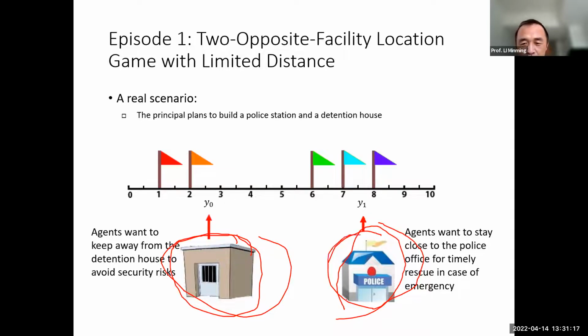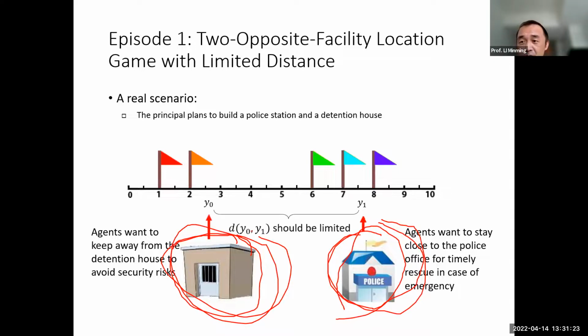I run a game for the police station, I run a game for this, then done. In reality, these two facilities cannot be too far away because if they are too far away, the police station will lose control of the detention house. That's not good. So there is a distance limit there.